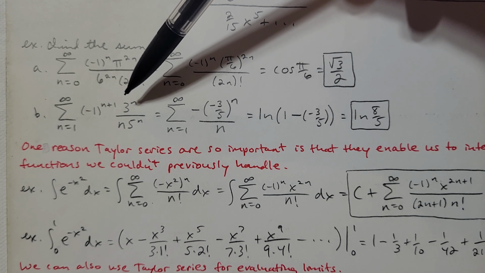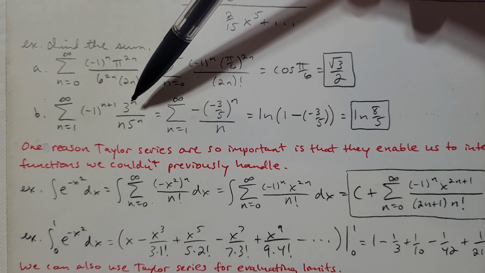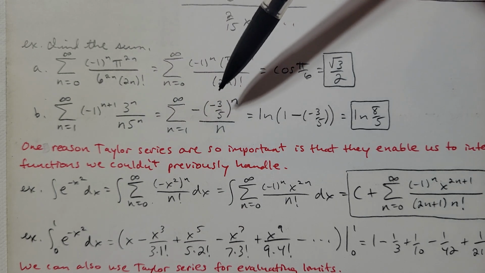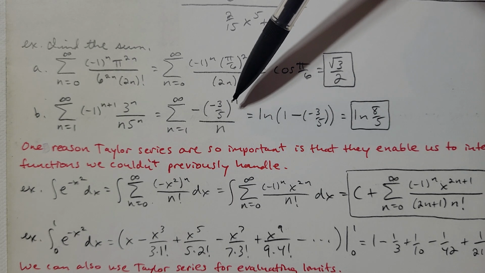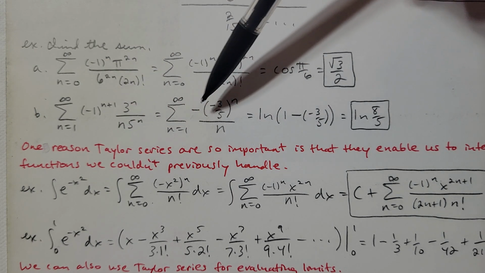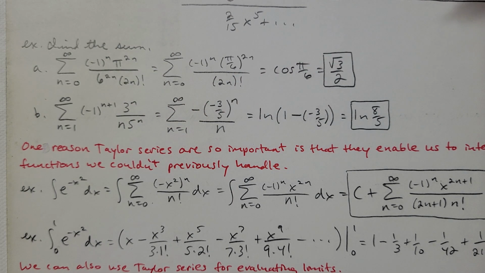Okay, so I got a negative 1 to the n times 3/5 to the n. Let me combine those. So I have a negative 3/5 to the n. I still got this negative 1 in front of that. Okay, so now I'm looking at the summation as n equals 1 to infinity of the quantity negative 3/5 to the n divided by n.